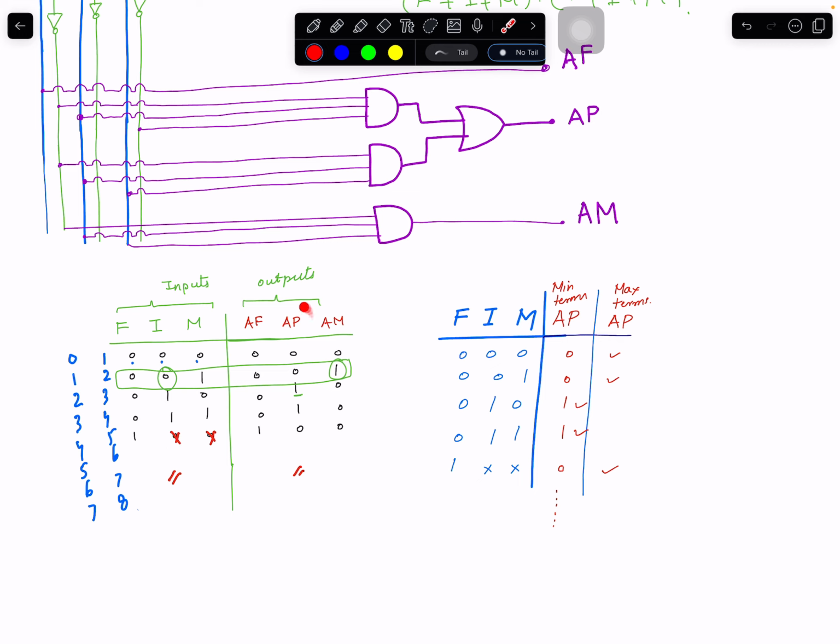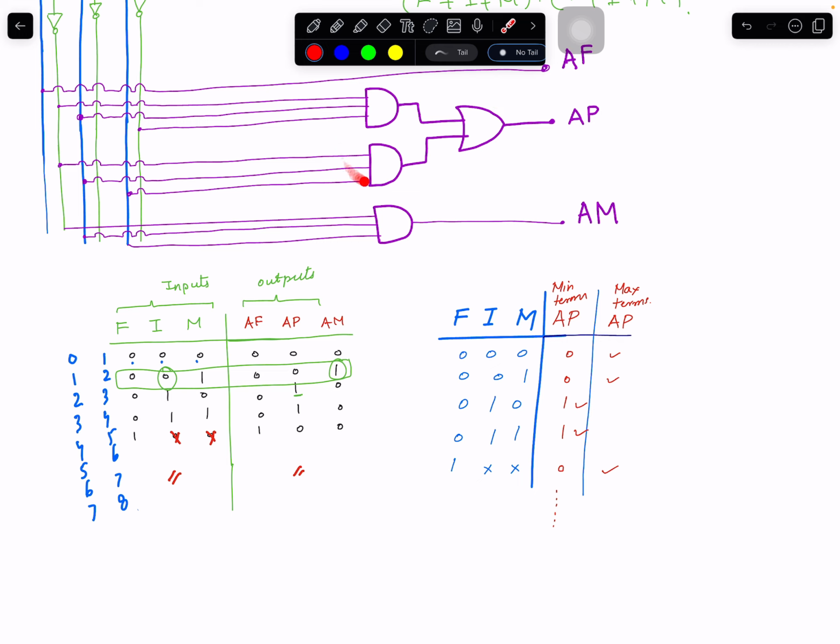Now look at the maintenance output. Whenever intruder is 1 and fire is 0, it doesn't matter what the value of M is. So we get an alarm. So basically what we wanted was for AP to be high, the alarm goes, for these combinations.